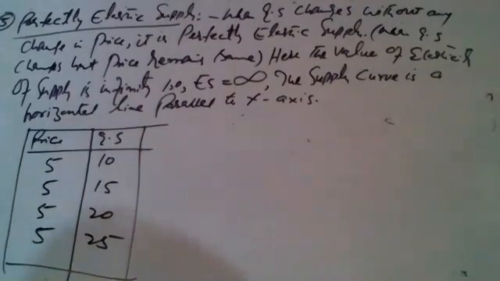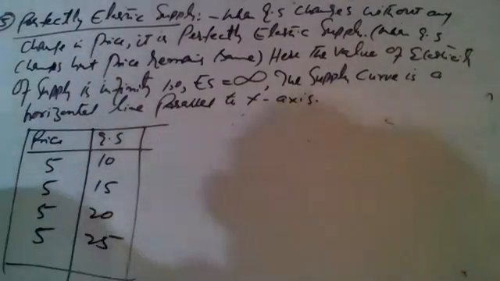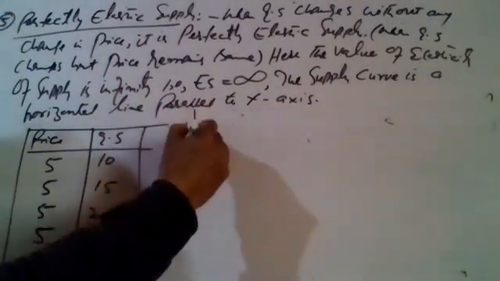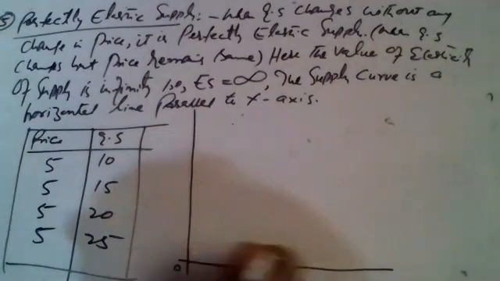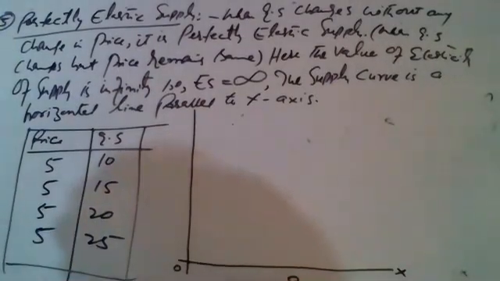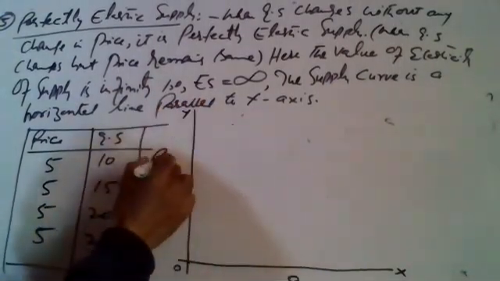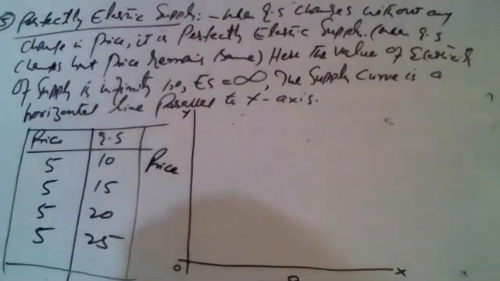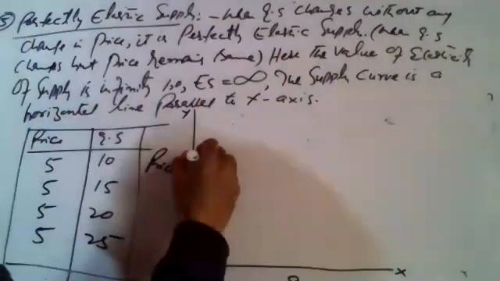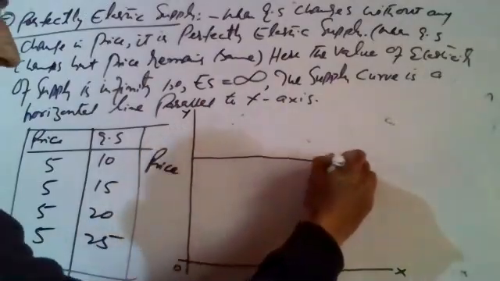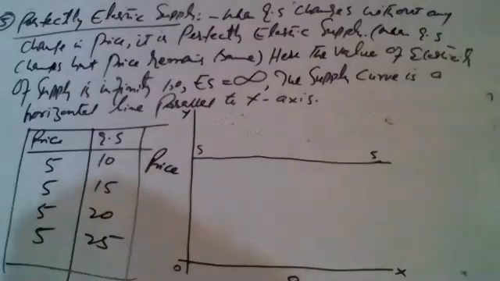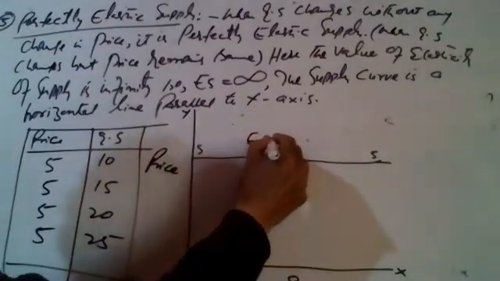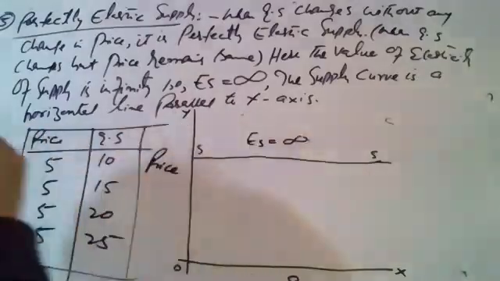This is perfectly elastic supply. OX shows quantity supplied and OY shows price. The supply curve is a horizontal line parallel to the x-axis, and ES is equal to infinity.